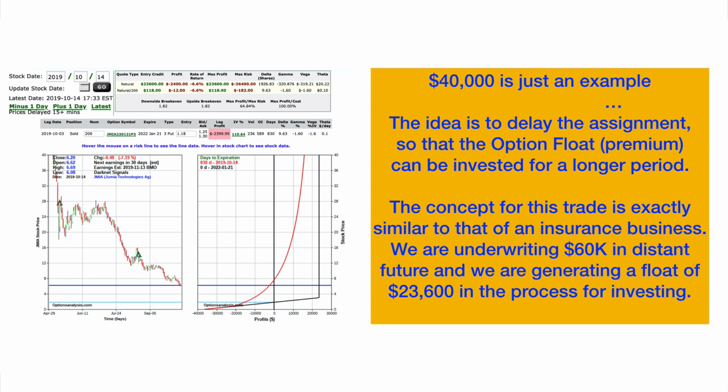And this is all with the assumption that the stock price of Jumia can eventually go to zero, because that's the only way I will lose my entire notional for this trade. But the $23,600 was already in my pocket. So I can go ahead and invest that $23,600 in Berkshire Hathaway and generate a return, or maybe in any other stock which I like.